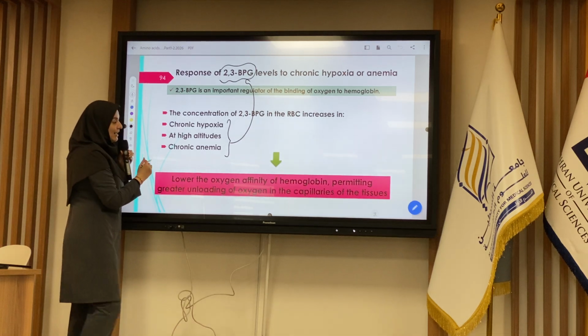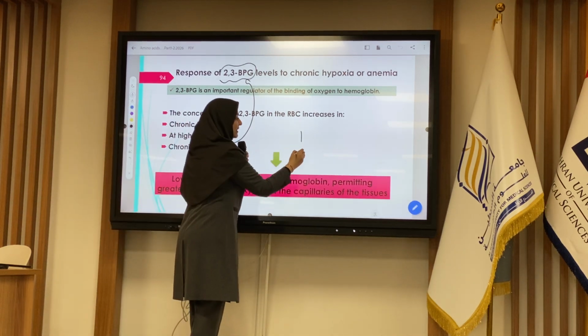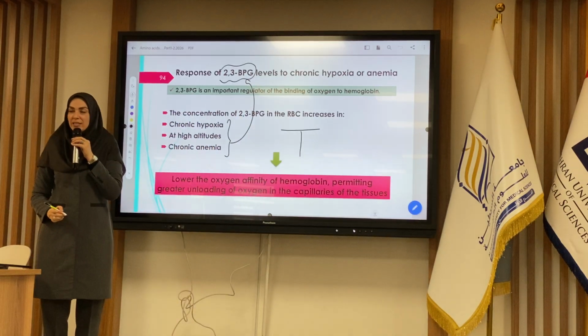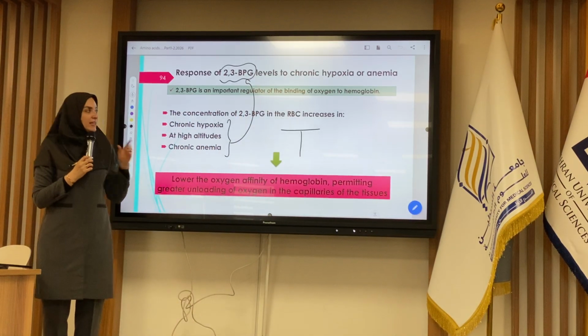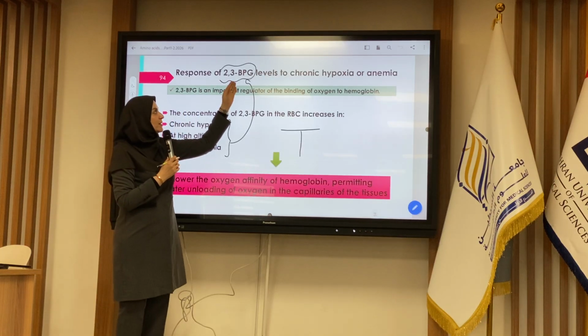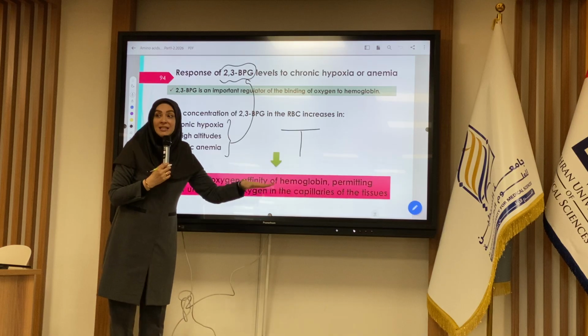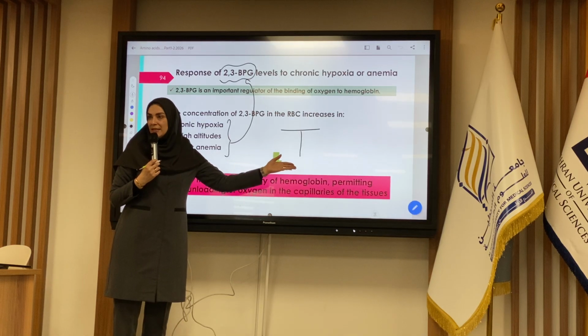And you should know that this molecule stabilizes the T4. What is the affinity now? When you produce this molecule, does the affinity increase or decrease? Decrease, because it stabilizes T4.